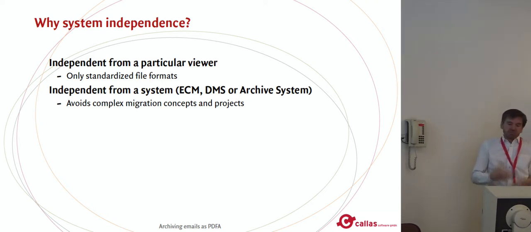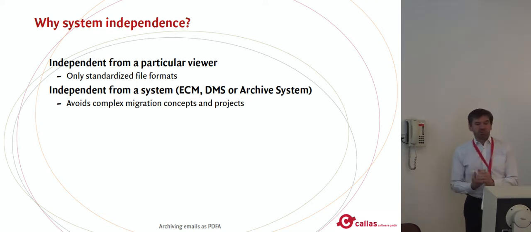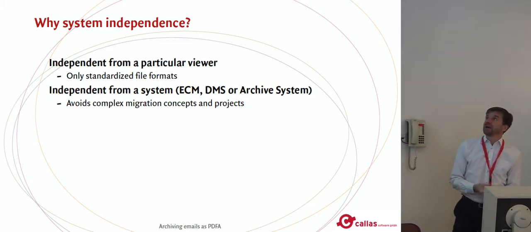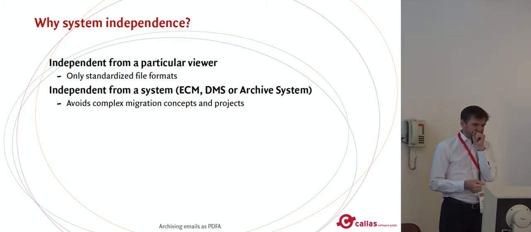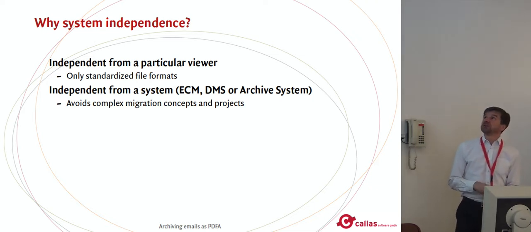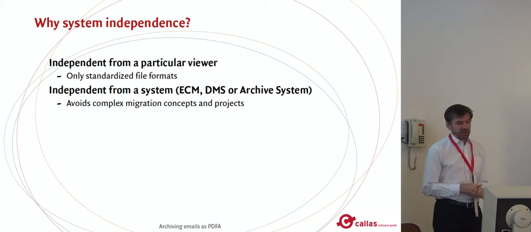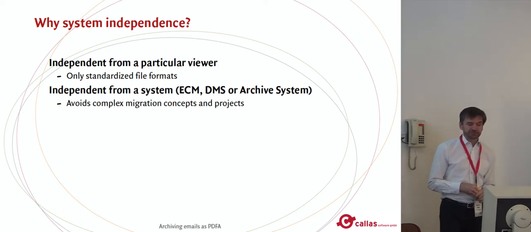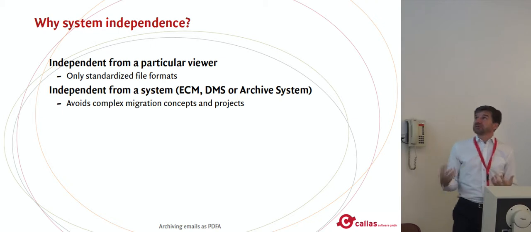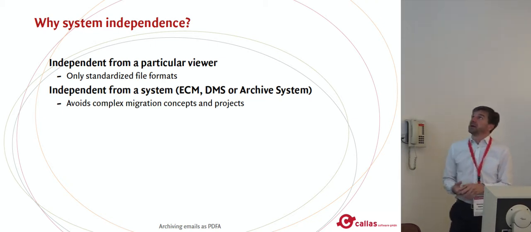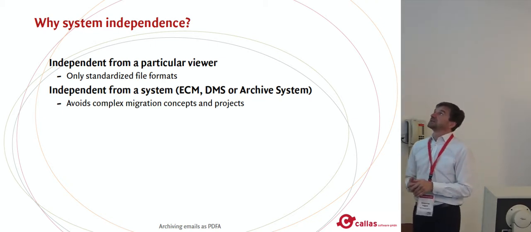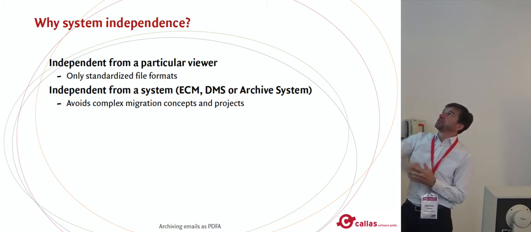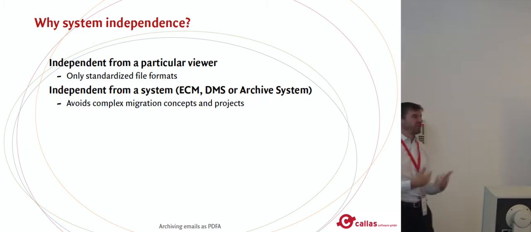Now, next, let's go one step back and have a look at the archive system. Why is it important to be system independent in an archive? First, system independence here means to be independent from a viewer.